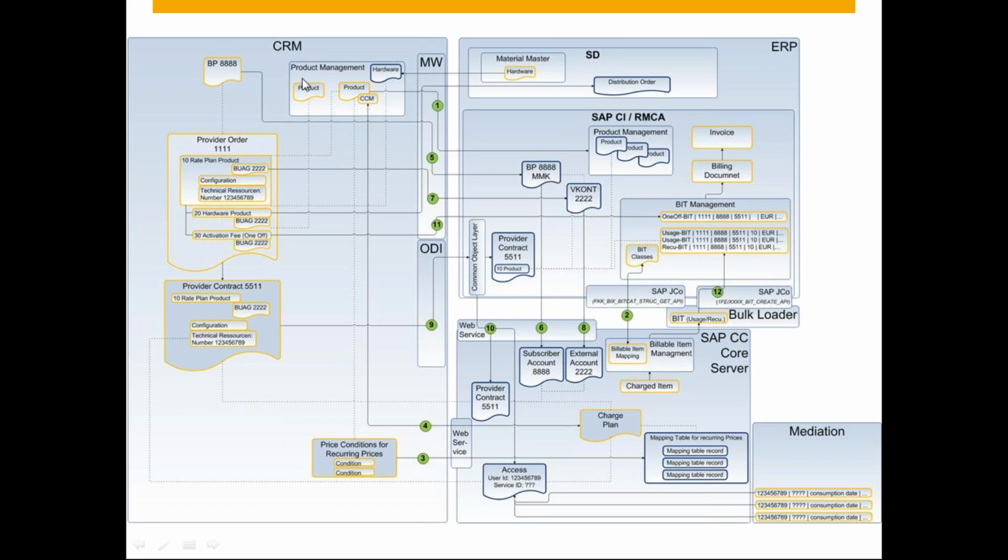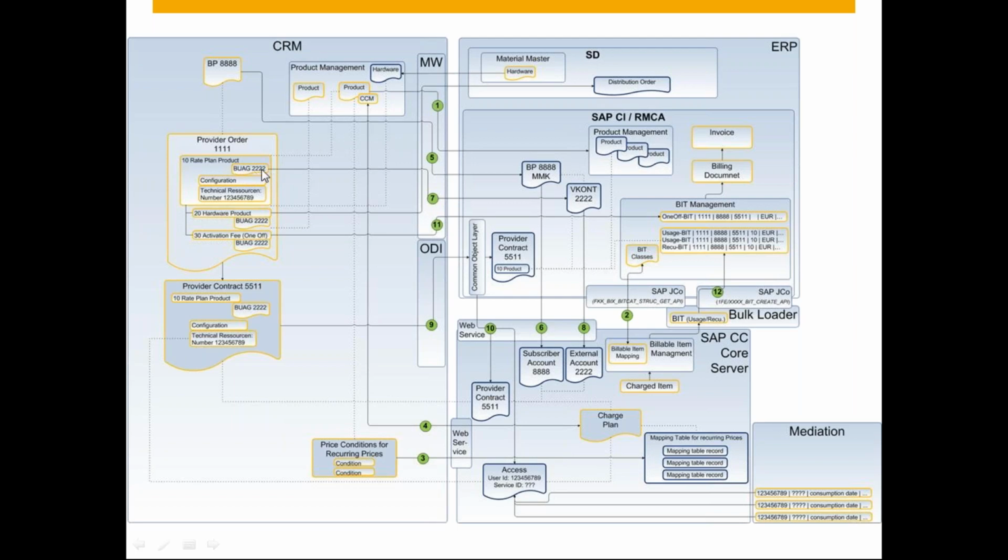When the customer places an order for this product, that is, when customers subscribe to this sales package, a provider order is created in the CRM system. The provider order has this rate plan product, and it is created with respect to the business agreement. So this is the payment terms and conditions, right?